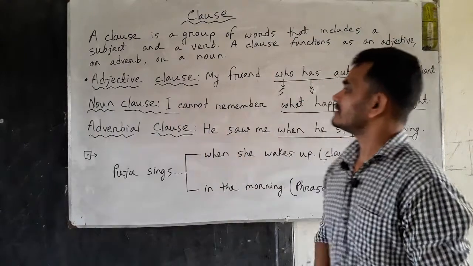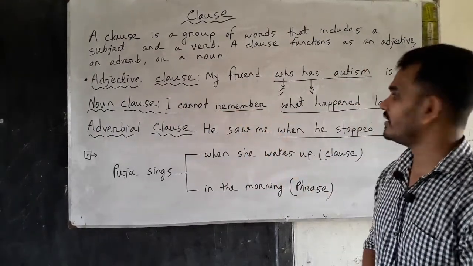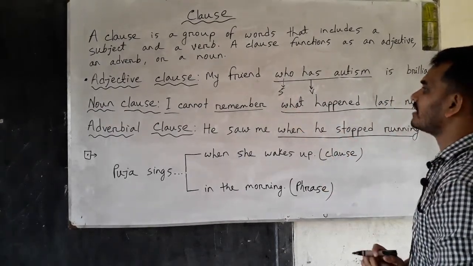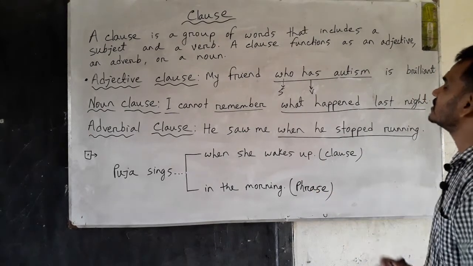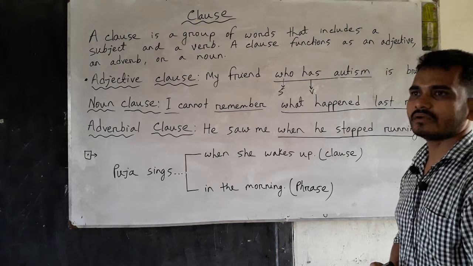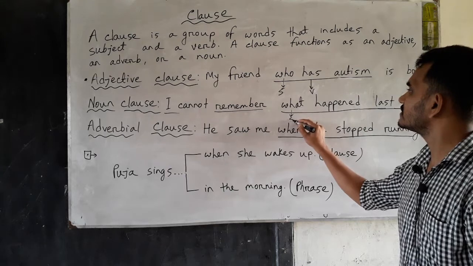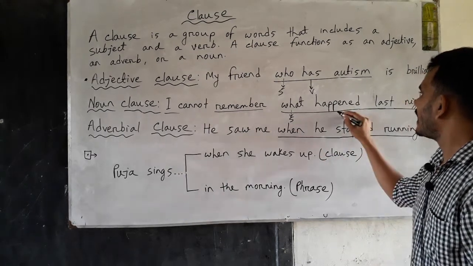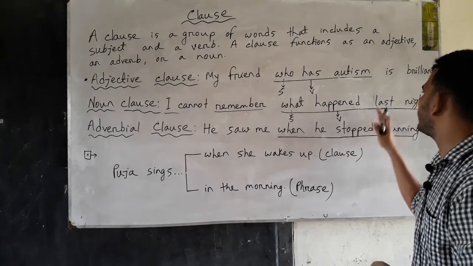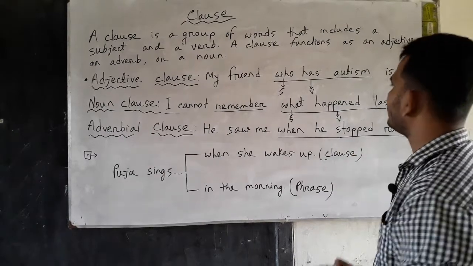Here the subject is I and remember is the main verb of this sentence, and the last part is an example of noun clause. Here what is the subject, happened is the verb or main verb.